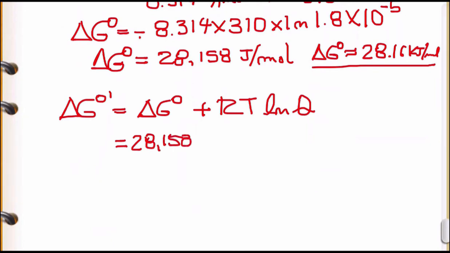It's always better to have everything in joules because R is given in joules. So plus 8.314 times 310, and the logarithm of the condition that you want.